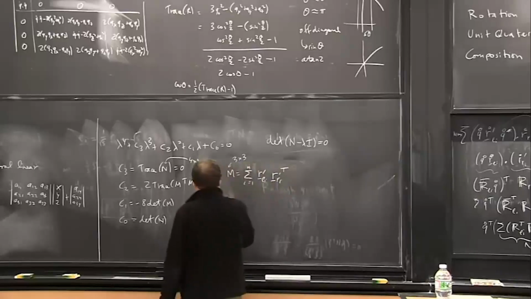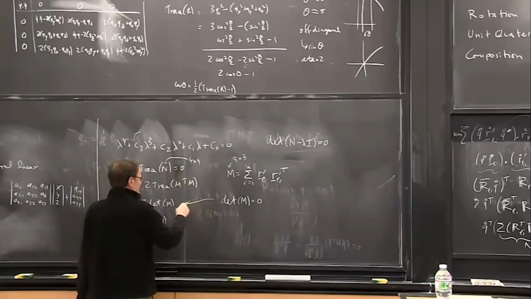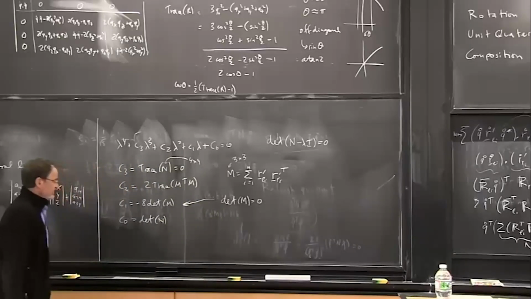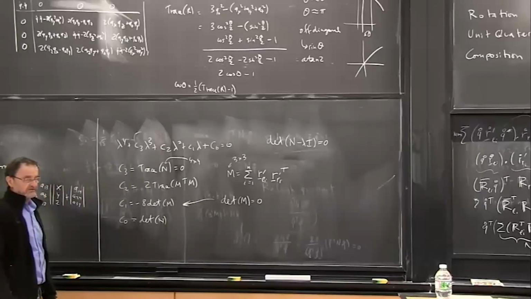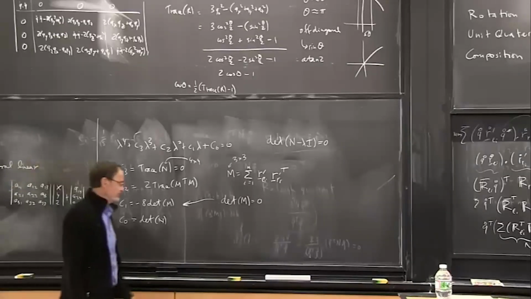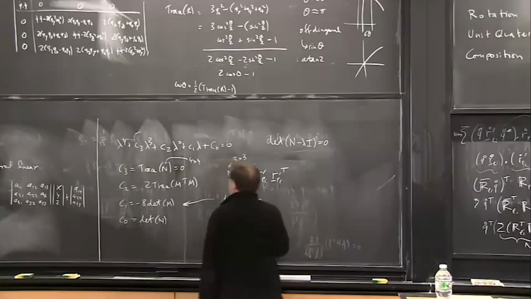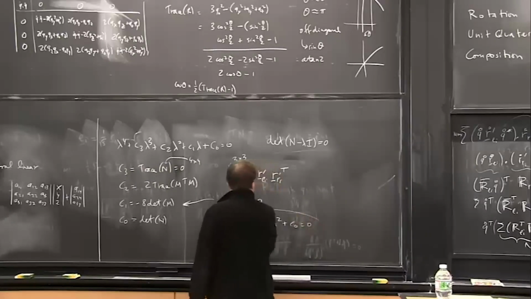Okay. Next thing, suppose that the determinant of M is 0. Suppose that M is singular. Well, that's pretty useful because that means that C1 is 0. And then we can solve this equation without needing to go to any special textbook or something, because then we've got lambda to the fourth plus C2 lambda squared plus C0 is 0.